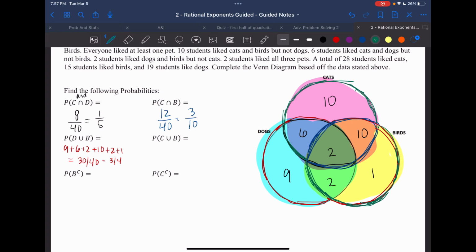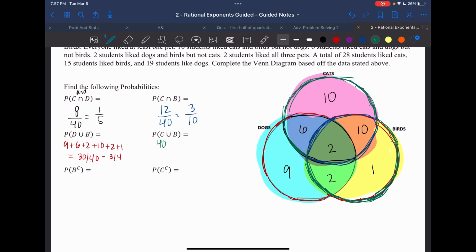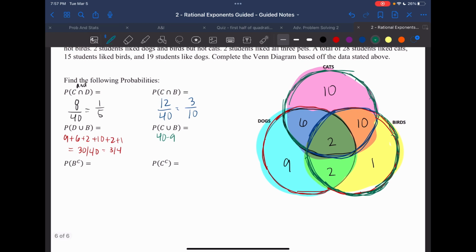So everything that my pencil captures is going to be included, so that everything on the outside is not included. So you can also think of it as 40 minus 9, which equals 31 out of 40. That might be a faster way of doing it.